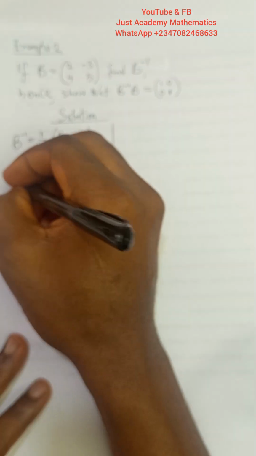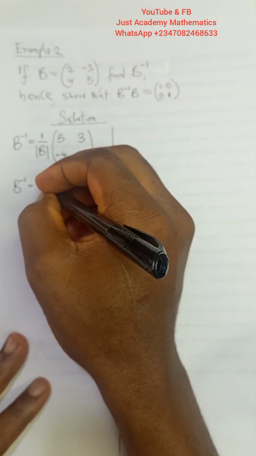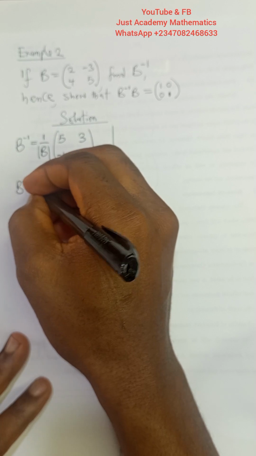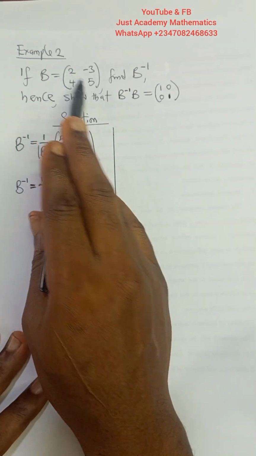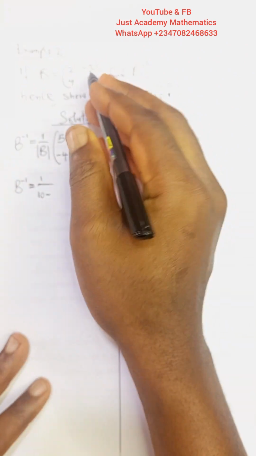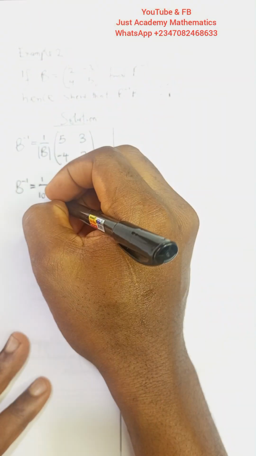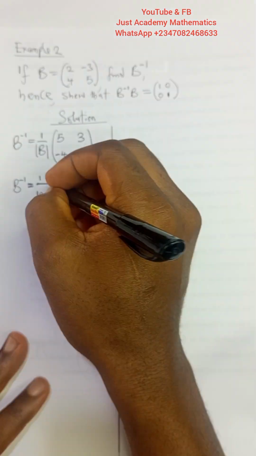So what is the determinant of B? That is 1 over the determinant of B. This time, 2 times 5 is 10, minus 3 times 4 is minus 12. Are you following?